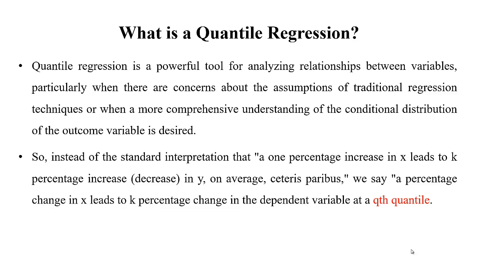Let us assume you have your results for 0.5 quantile, which is the median or 50th percentile. Then when you are interpreting it, you need to say that a percentage increase in X leads to a certain percentage increase in the dependent variable at 0.5 quantile. So don't forget, this is a very important piece. When we get to the interpretation of quantile regression results, I will discuss it more.